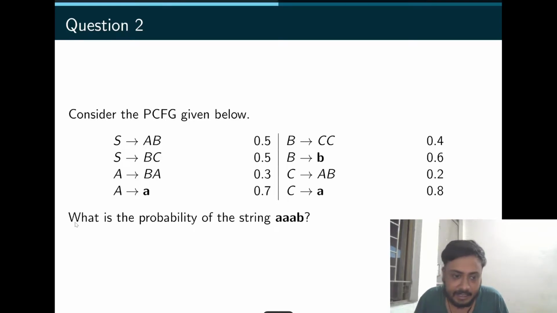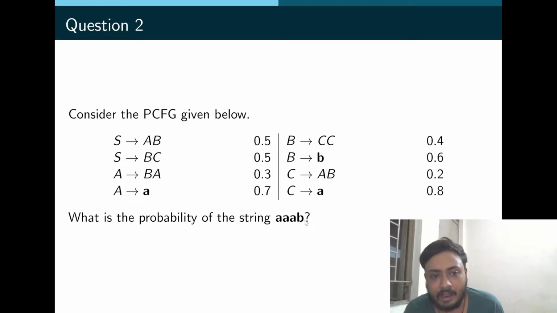So now they're asking what is the probability of the string AAAB. Now if you know that under a CFG we can have many parse trees for the same string, because usually these grammars are ambiguous, there can be more than one parse tree.